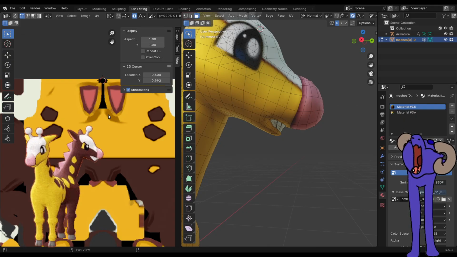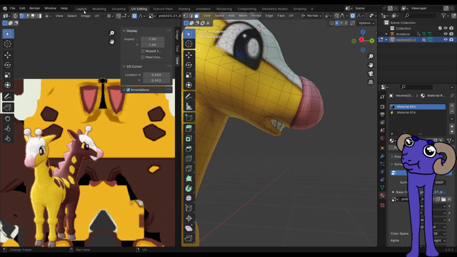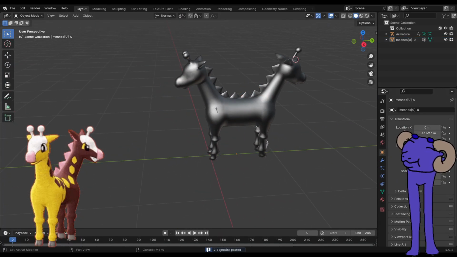File, import, FBX, and go to the Girafarig again, and then we grab not those teeth, these teeth. Copy and paste. That's an armature that I don't want.